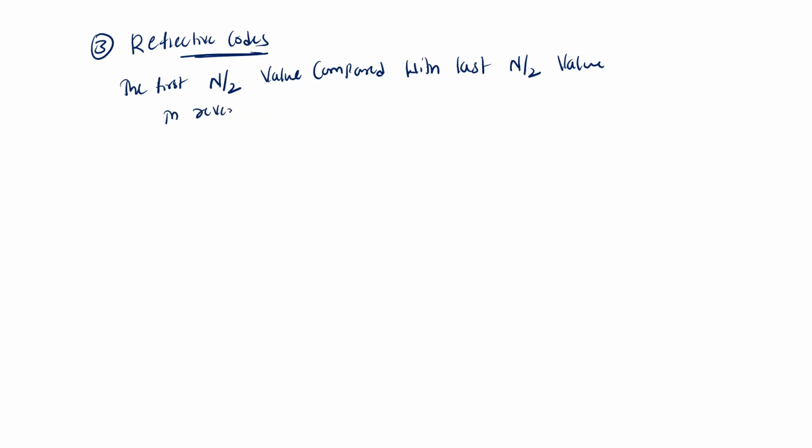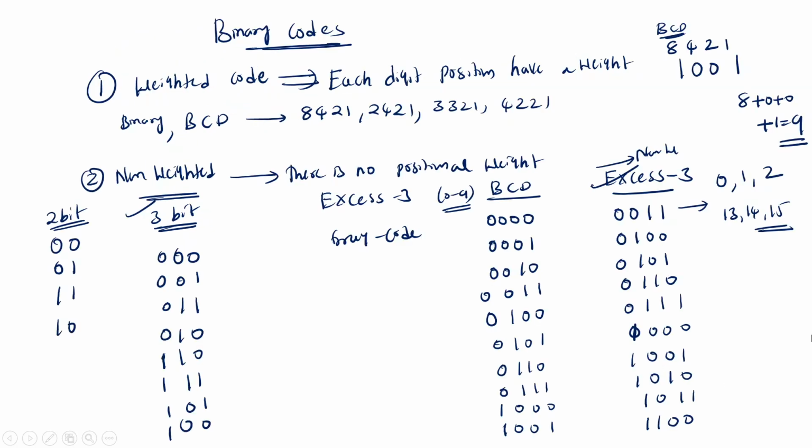In reverse order. Okay, suppose like 2421 and 5211 and XS3 code. XS3 is nothing but non-weighted code and reflective code also. So how can you find out this is reflective code? Here I wrote XS3 code, no? So here you see, the first bit and last bit, if you apply ones complement, you will get the last bit.